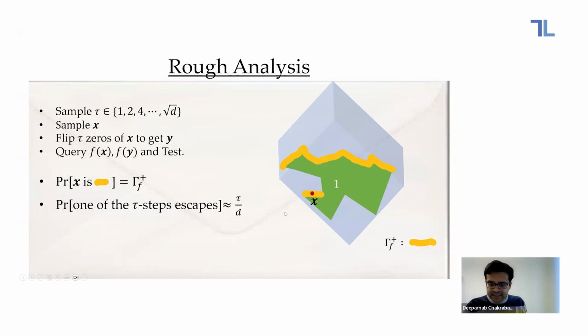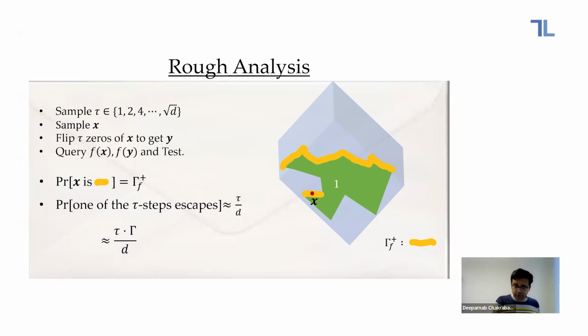So on the back of the envelope, I want to catch this violation with probability tau by d, and I start with x in the vertex boundary with probability gamma. So the back of the envelope idea says that maybe the chance that I escape is roughly tau gamma by d. This is mimicking the argument for anti-dictator.